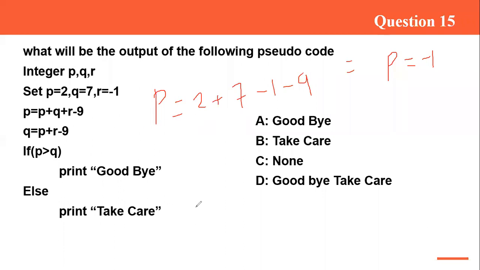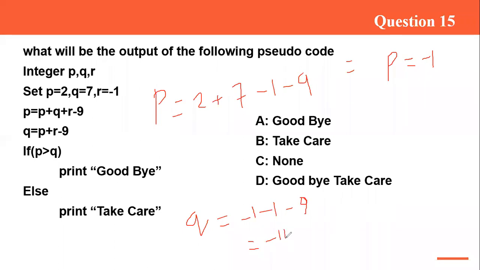Then again, now we are taking Q. Q equals P plus R minus 9. -1, -1, -9. That's all right. Plus minus will become minus only, right? -1, -1, -9 is what? -11.